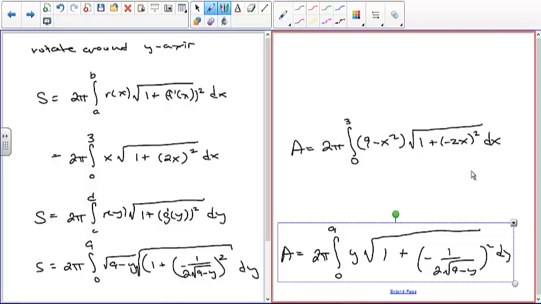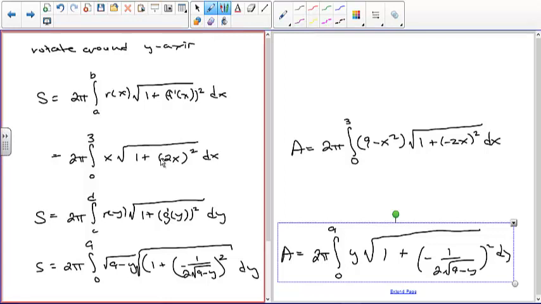Yeah, it doesn't matter because it gets squared anyway. But this should be negative because it was negative 9 minus x squared. The derivative would be negative 2x. Okay, so this part changes, but this part doesn't change.